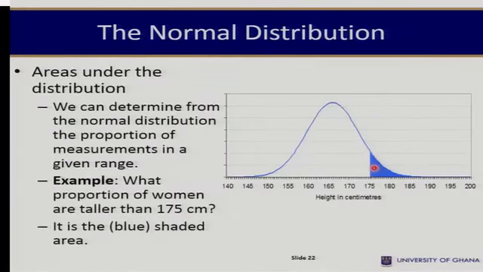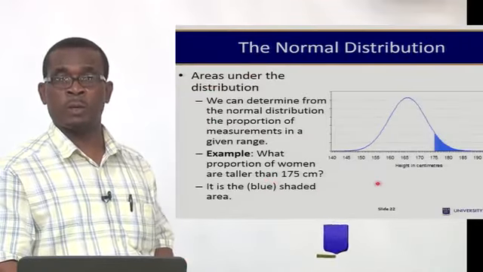Now, we have several normal distributions because there are two key variables. We say the mean, mu, and then the variance, sigma squared, or you can say the standard deviation, which is the square root of the variance.